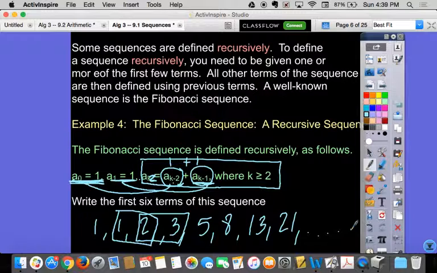Now, the definition of it kind of looks a little awkward, so it's going to have this little subtraction in the subscripts, but that's telling you to go back to the previous terms, pick that up, and then it'll tell you what to do to them. Here it's saying add these two terms together. You might come into context with one that says something like a sub k equals a sub k minus 1 plus 5. So it might say, hey, add 5 every time.